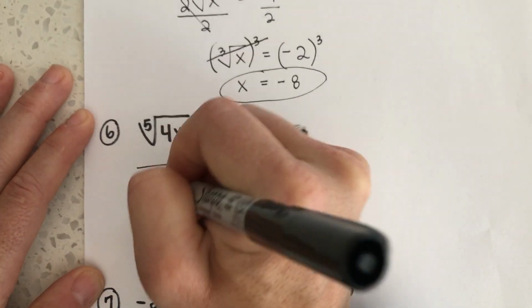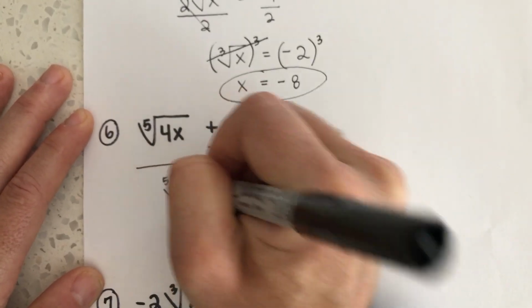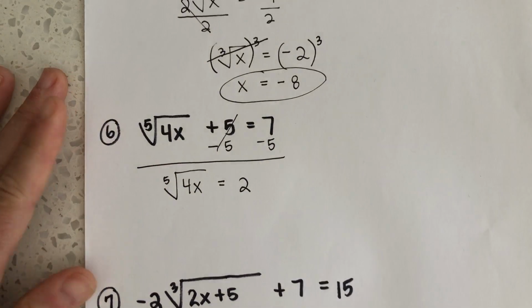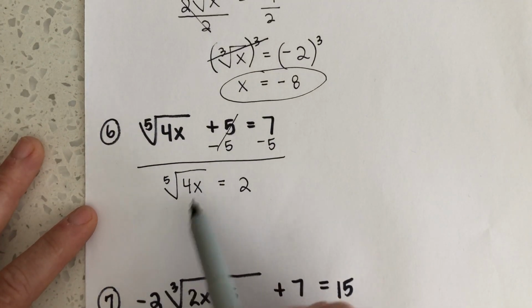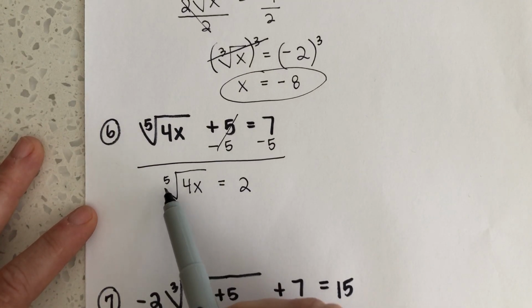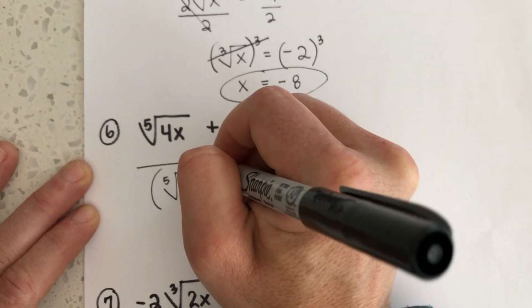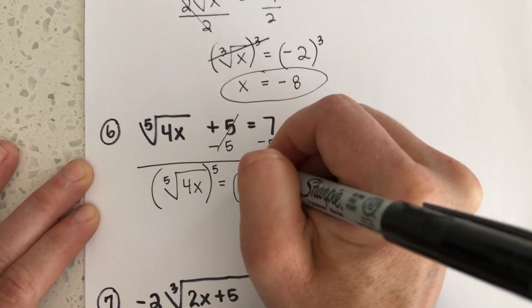Okay, and then the fifth root of 4x is equal to 7 minus 5, which is 2. Now the radical is alone, so what power am I going to need to get rid of this fifth root radical? I'm going to need a power of 5. So raise both sides to a power of 5.